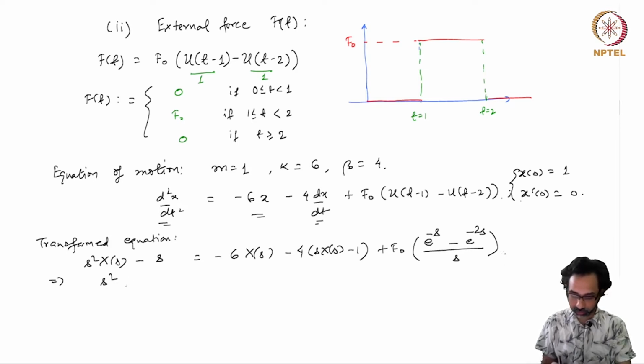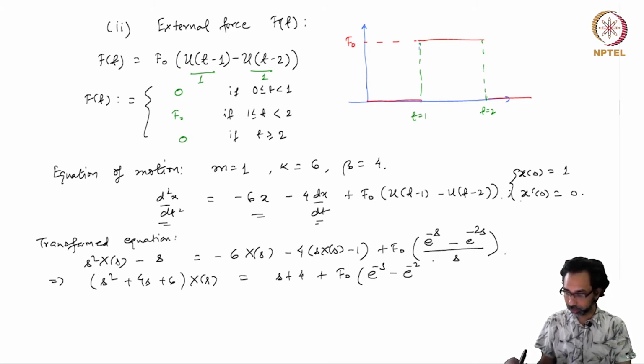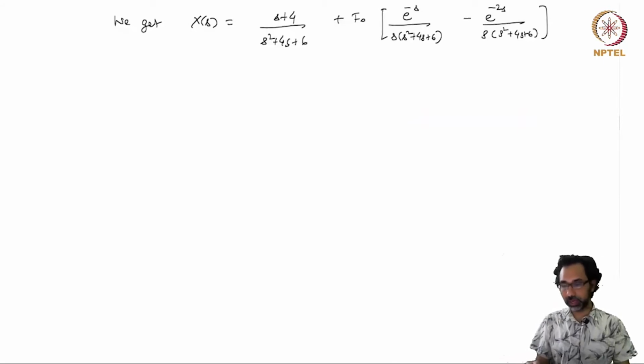So we get s² plus 4s plus 6 times X(s), and on the right side we will get s plus 4 plus f naught times (e to the power minus s minus e to the power minus 2s) over s. So if we simplify, we get the following expression for X(s).